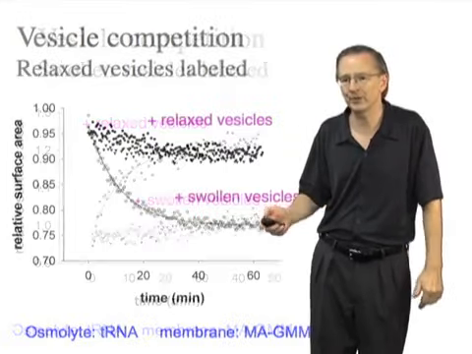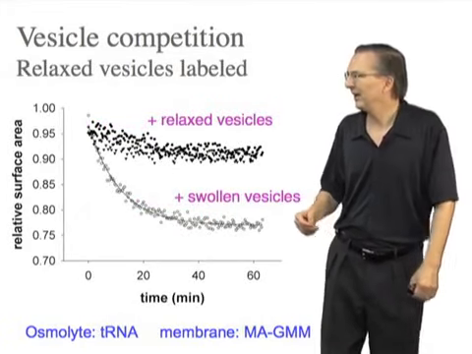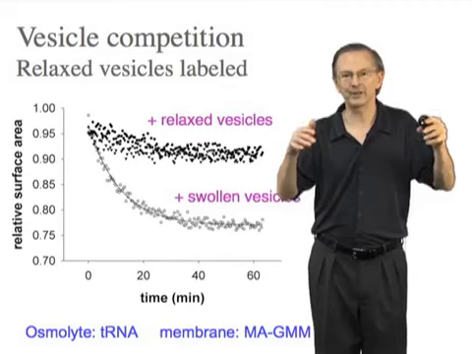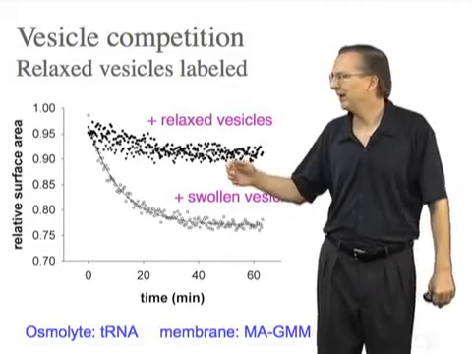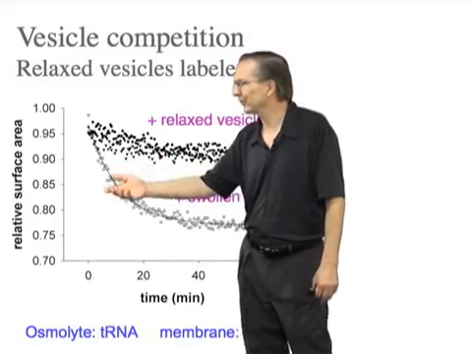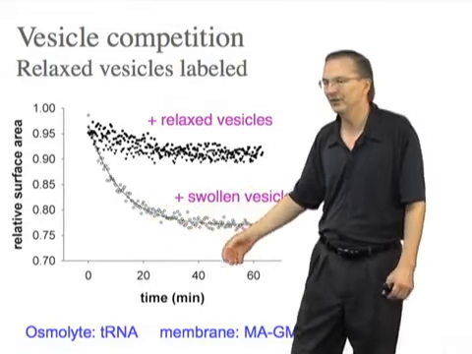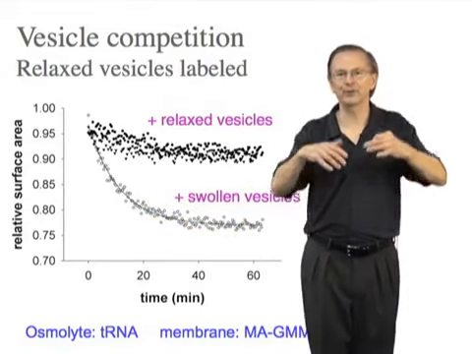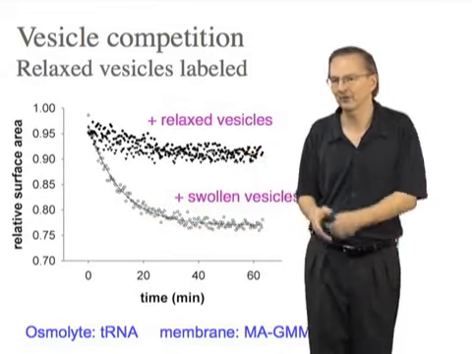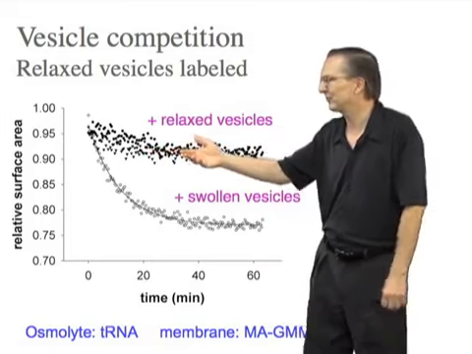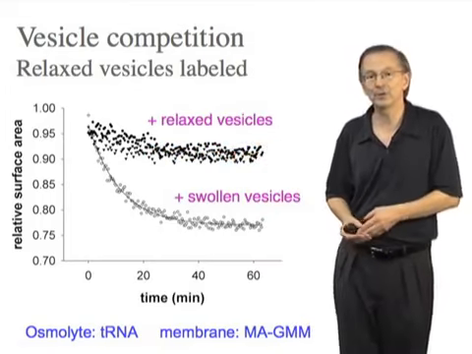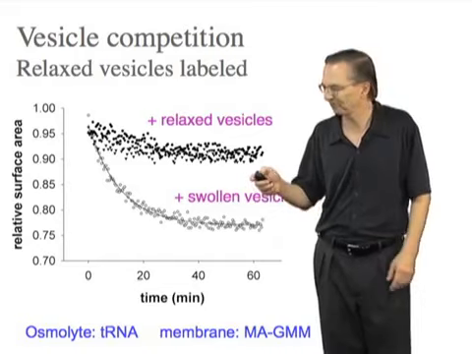We can, of course, do the converse experiment and monitor the surface area of the relaxed vesicles. And when they are mixed with swollen vesicles, their surface area declines. So molecules are leaving those vesicles and going into the swollen vesicles. Again, control experiments where relaxed vesicles are mixed with more relaxed vesicles, not much happens.